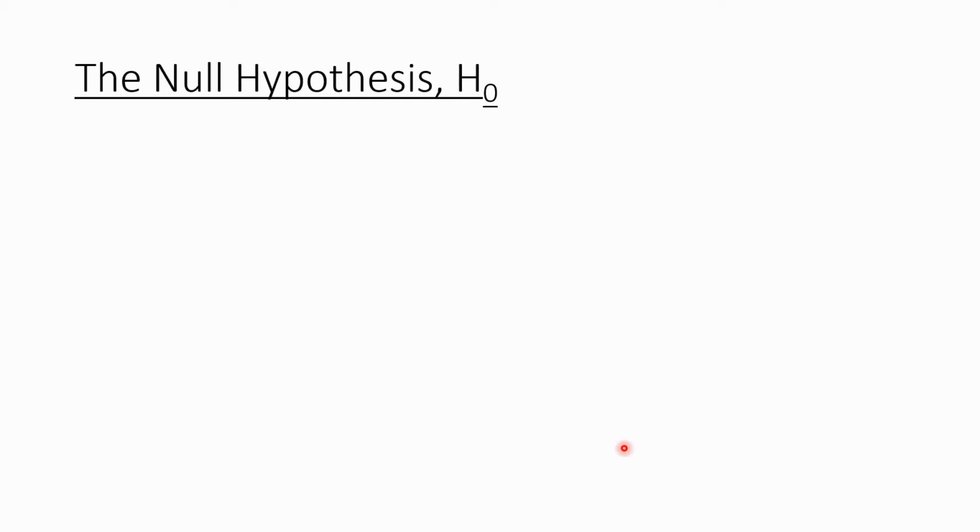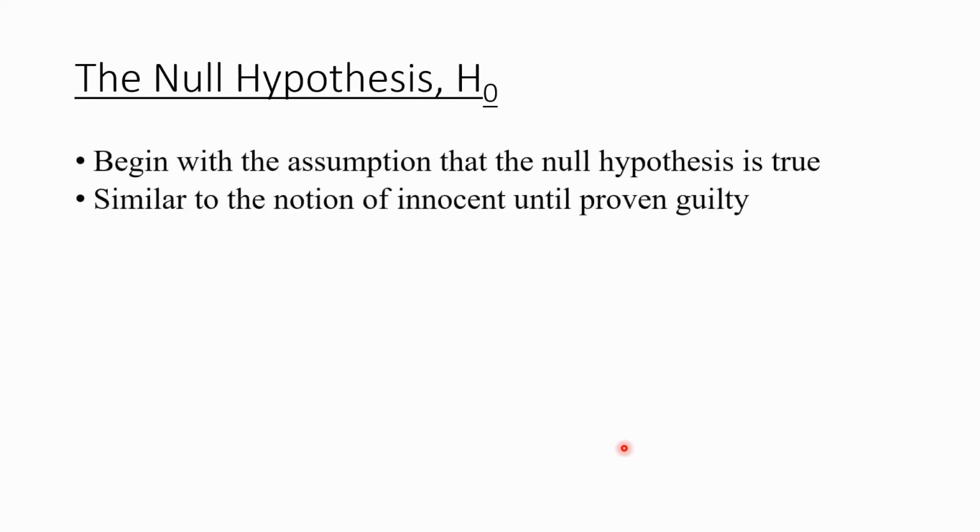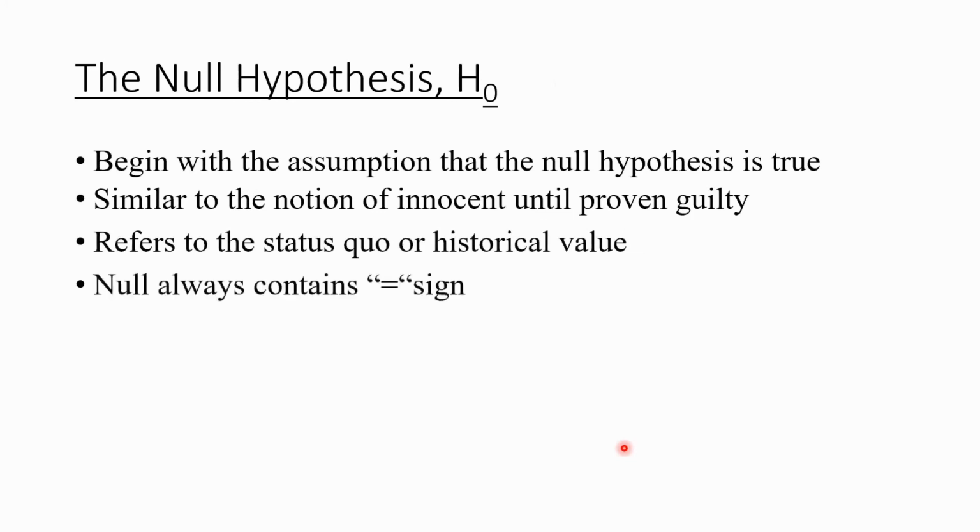Like I said, it begins with the assumption that the null hypothesis is true, and it always contains the equal sign. This is also a very important point. And then it may or may not be rejected. You start off with the assumption that H0 is true, and it might be or might not be rejected as you do the hypothesis testing.